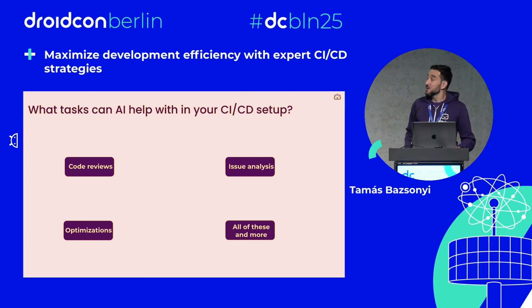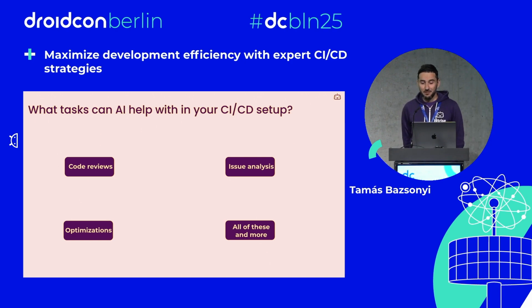But first, a quick question to the audience. What do you guys think? What tasks can AI help you with in your CI/CD setup? Raise your hands if you think in code reviews, only in code reviews.